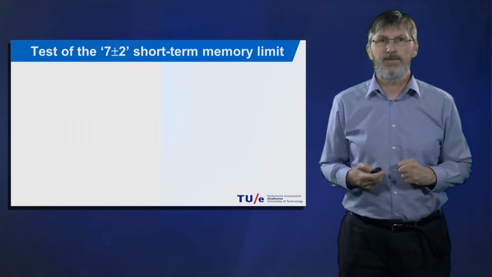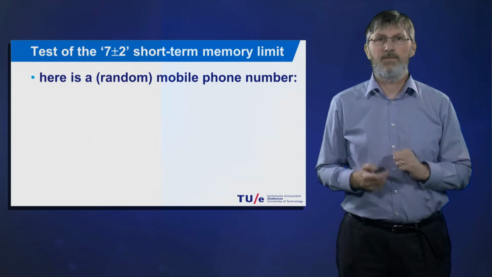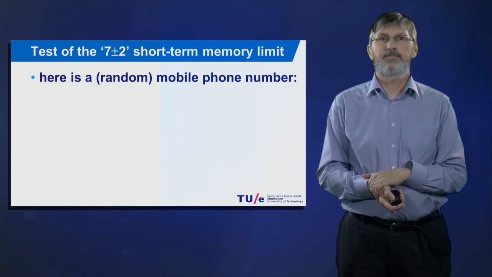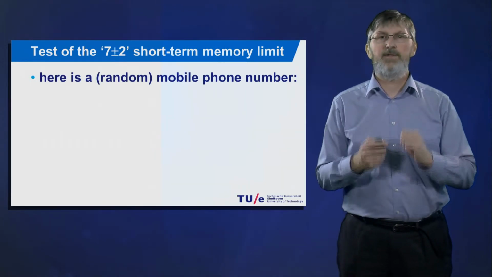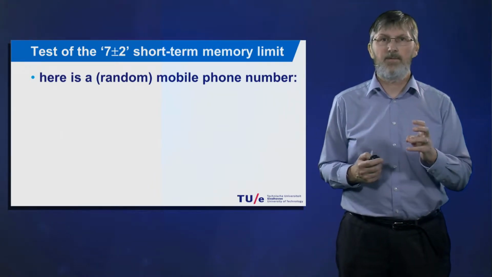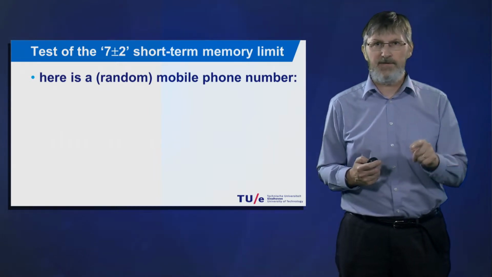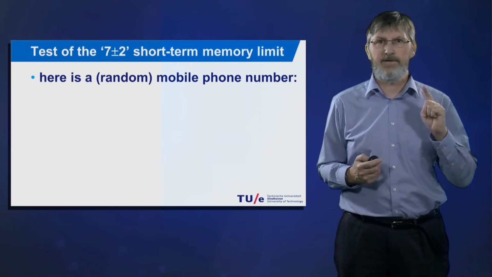But we're first going to do a small experiment. I'm going to show you a phone number for a very brief moment. The question is, can you then recall it and write it down? So don't write it down while you see it, only write it down after it disappears.